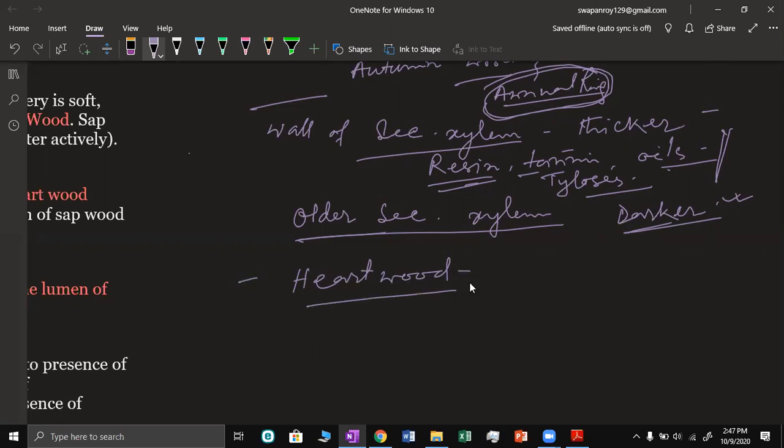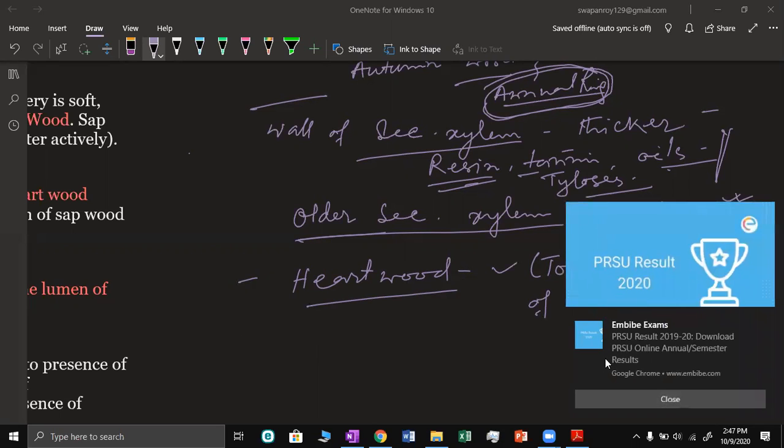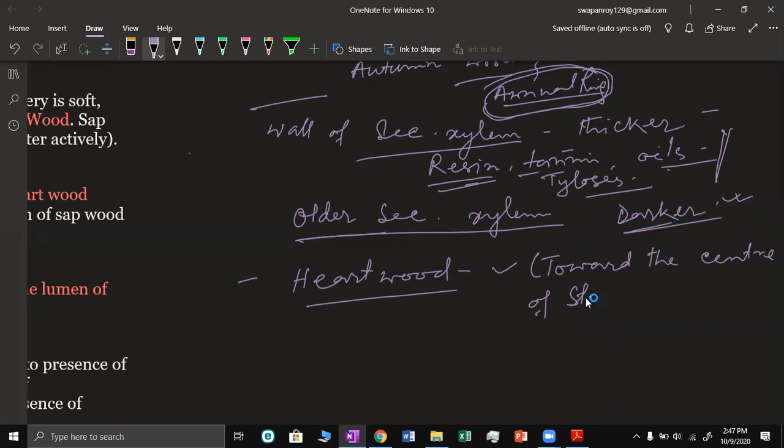Okay, this heartwood is towards the center of a stem, and this heartwood is also known as duramen.